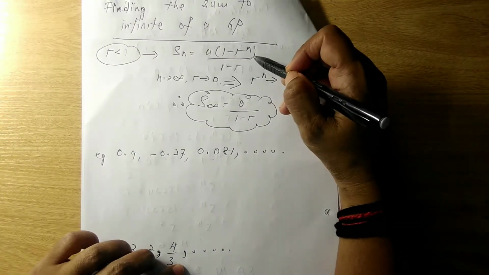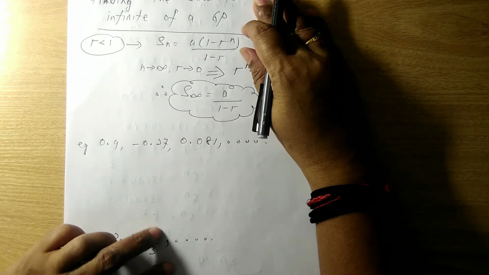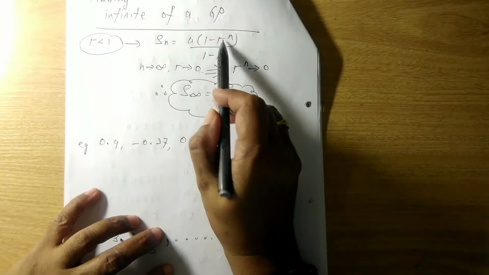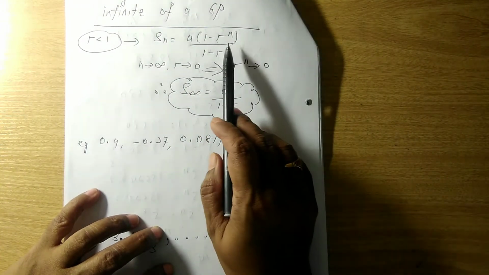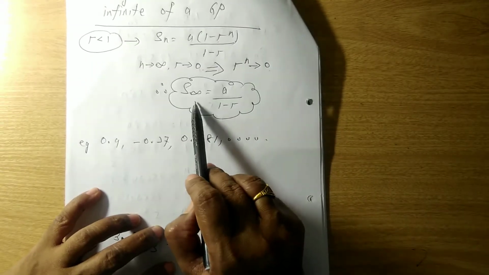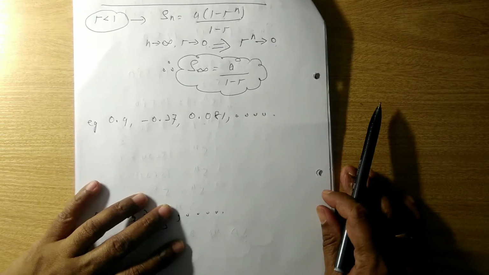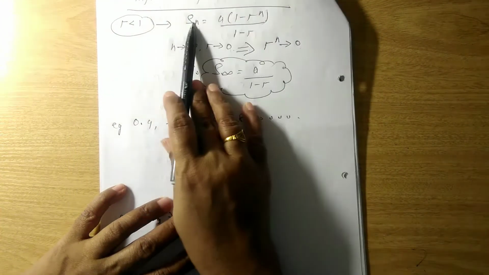Because of that, it's a very small value, so it's considered insignificant if you compare with a and your other values. So r to the power n is almost 0. We are deriving the formula for S infinity from here.